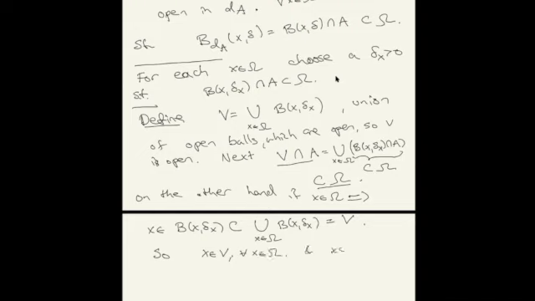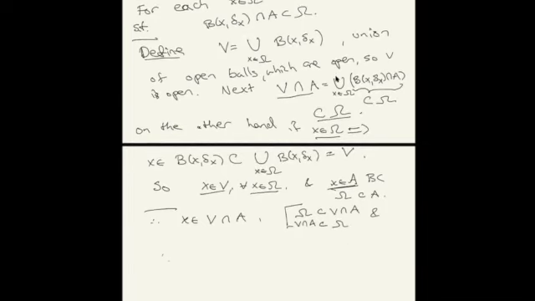Also, x is in A because omega is a subset of A. So x is an element of V and an element of A, so it's an element of V intersect A. In other words, what we just showed is that omega is a subset of V intersect A. And before that, we showed that V intersect A is a subset of omega.